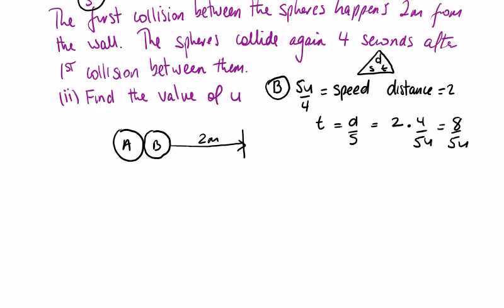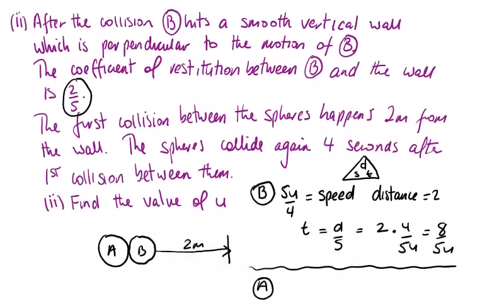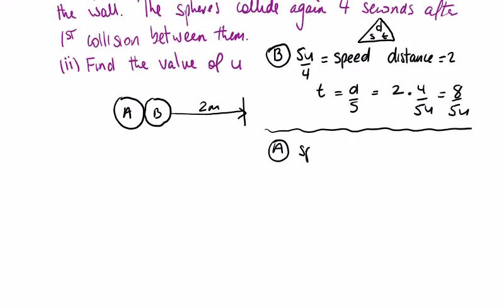Now we can use that to find out how far A moves in that time. What's A going to do? A, its speed was v1, u over 4. So speed for A is u over 4, and the time it travels in that interval is going to be 8 over 5u.